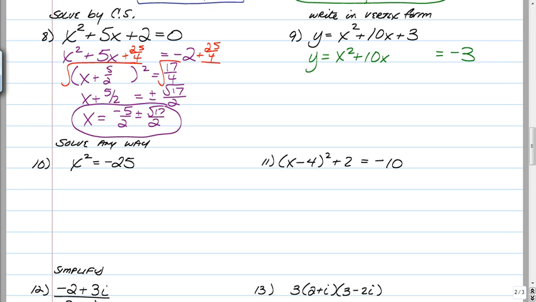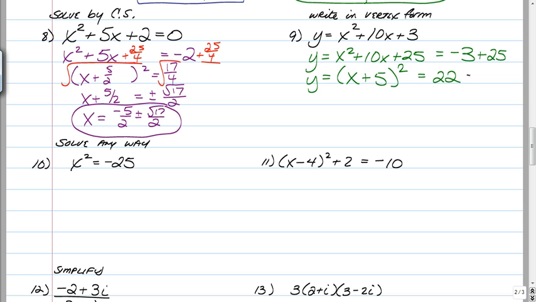And then half of 10 is 5, squared is 25, so we add 25 to both sides. And now we have y is equal to, this is x, same symbol, half of that number, squared, is equal to a negative 3 plus 25, which is 22.